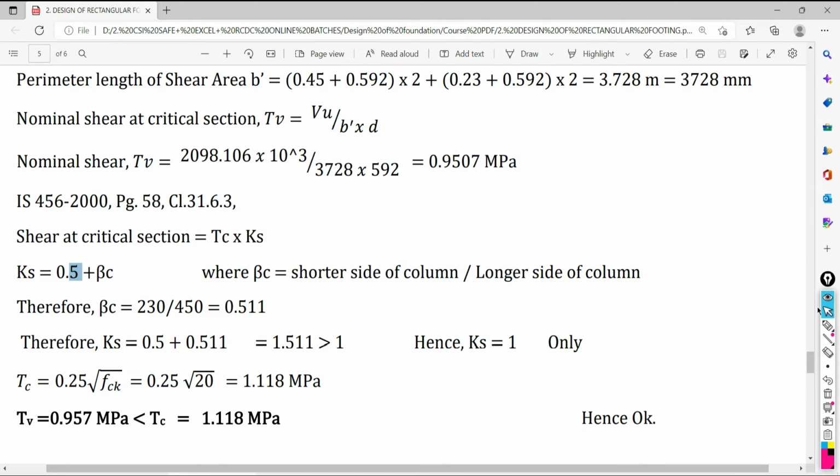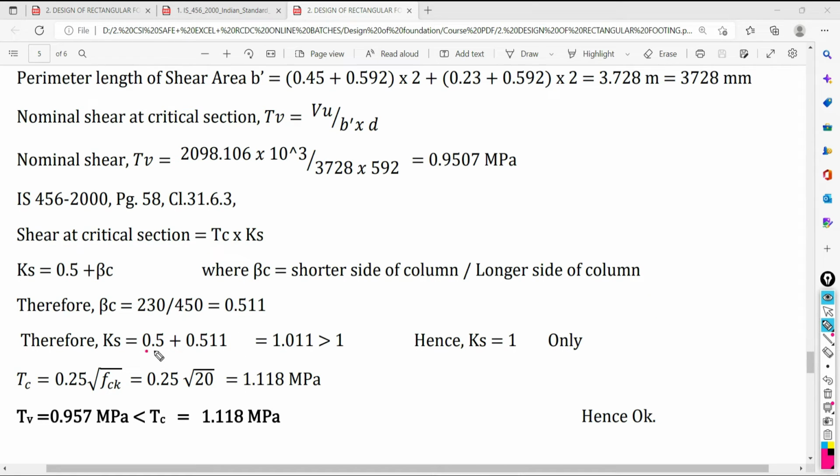So shorter side of your column is what? 230. Longer side of your column is what? 450. Okay, so here 230 by 450, how much we are getting? 0.511. Put this value in this formula to find out the Ks value. We are getting 0.5 plus 0.511 as equal to 1.011.